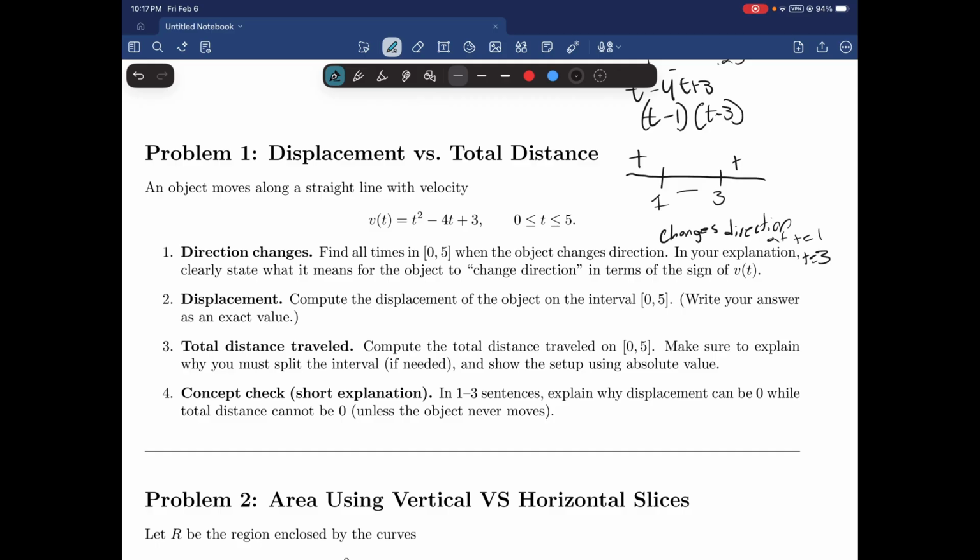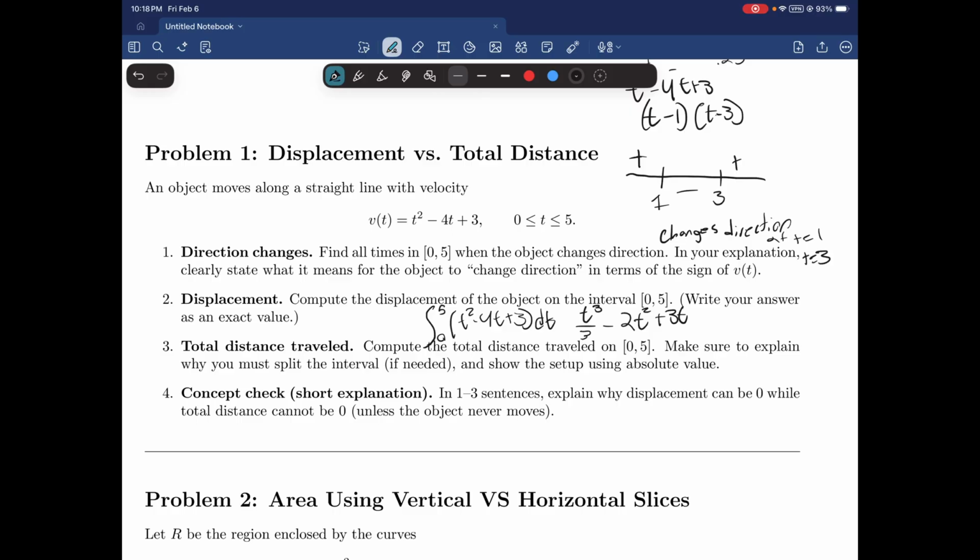Now, since we're given the velocity equation, I think we can just take the integral of velocity on that interval, which is the integral of t squared minus 4t plus 3 dt, which is t cubed over 3 minus 2t squared plus 3t. I think I did that right.